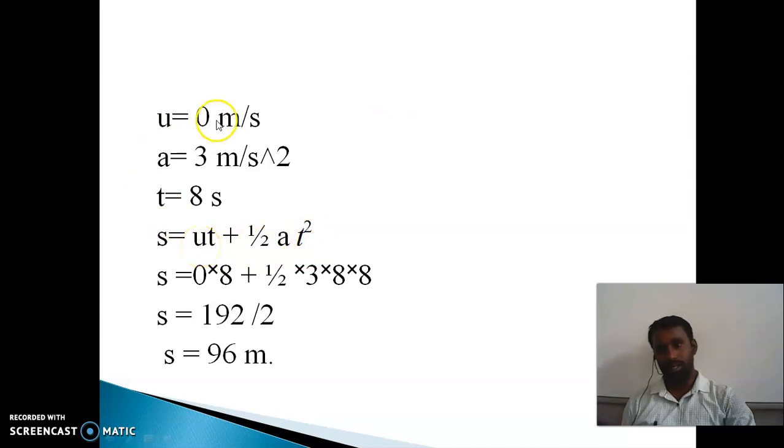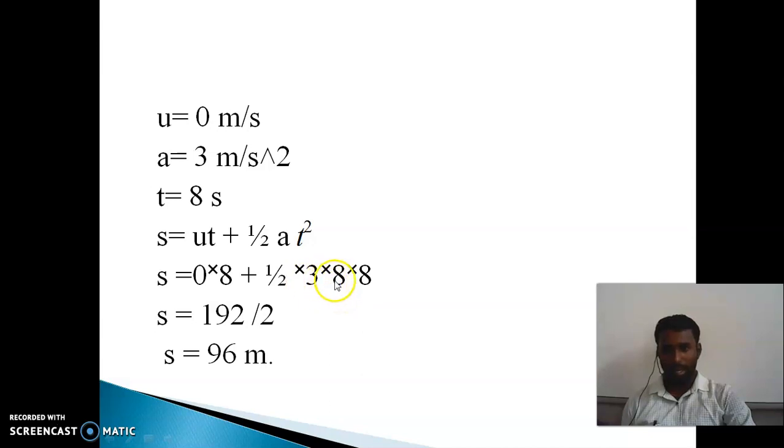So u means 0, and 0 into 8 is 0 only, so we can cancel this one. So s equal to simply half at square. What would be the a value? a should be 3 meter per second square, and the t value 8 seconds, so 8 multiplied by 8.